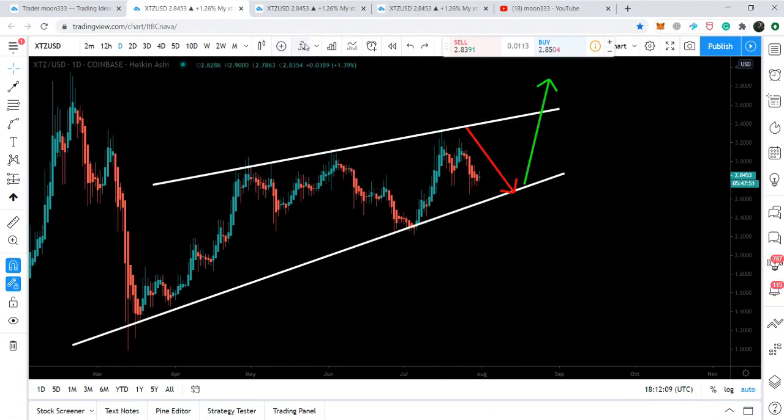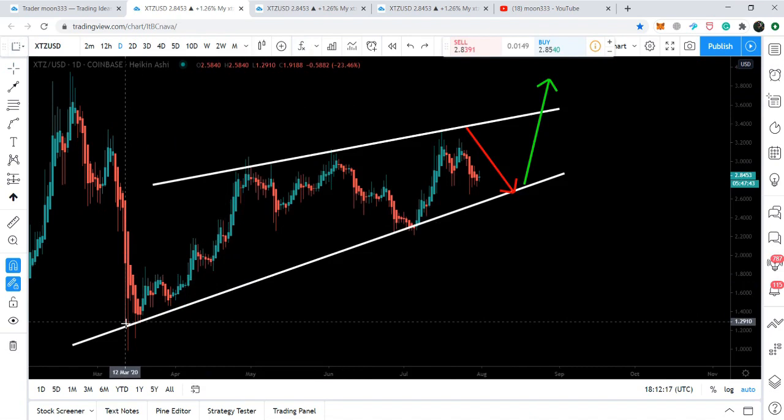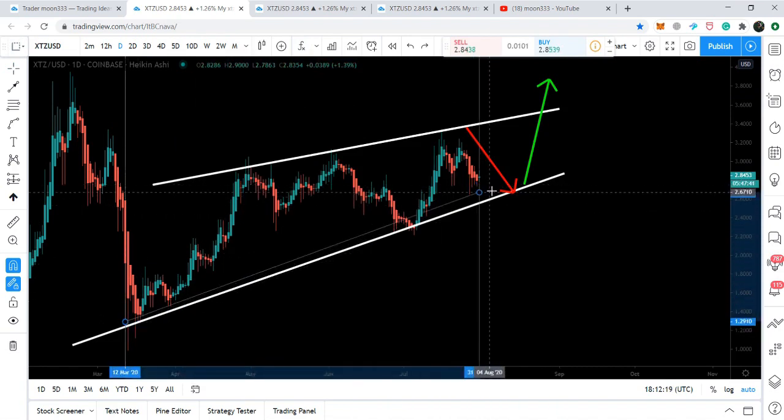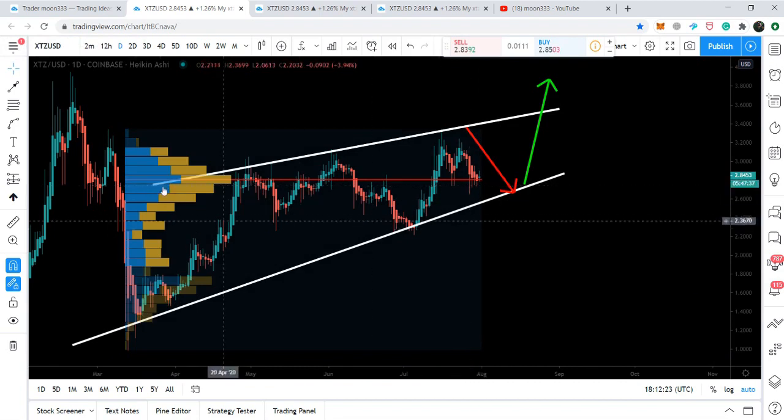And if we place the volume profile indicator on the complete price action moving within this wedge, from this candlestick up to this current candlestick, then we can see that we have the traders' interest even below the support of this wedge pattern, and from the upside the traders' interest even below the resistance of this wedge pattern.